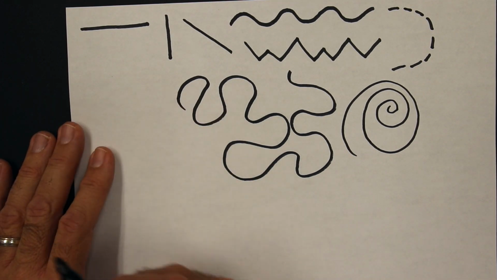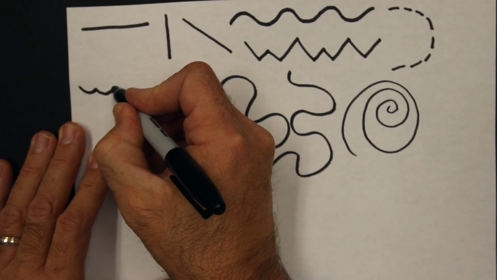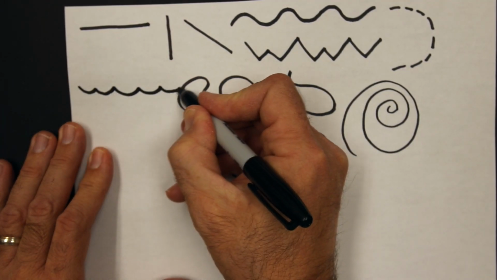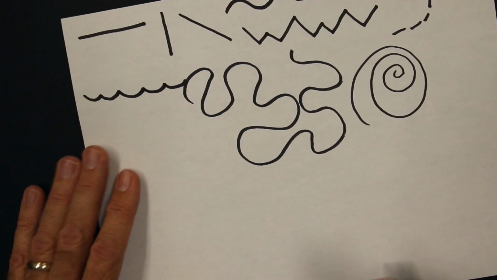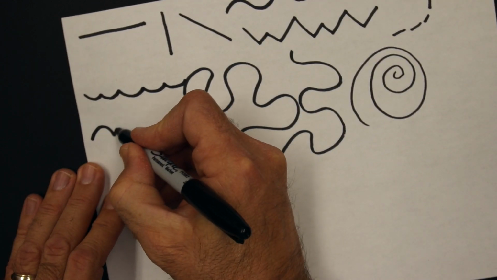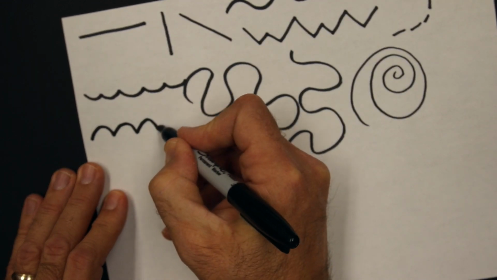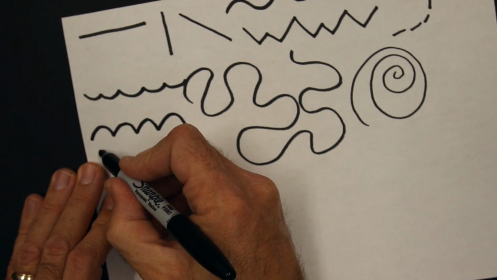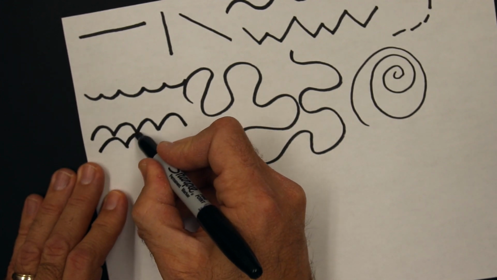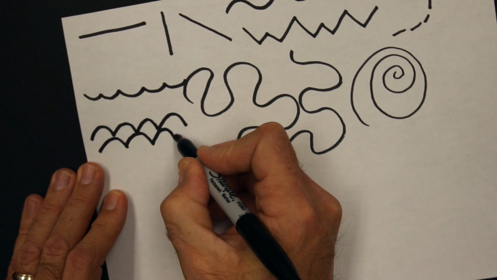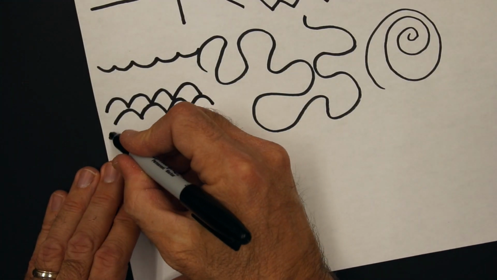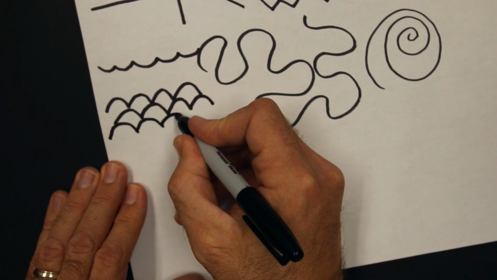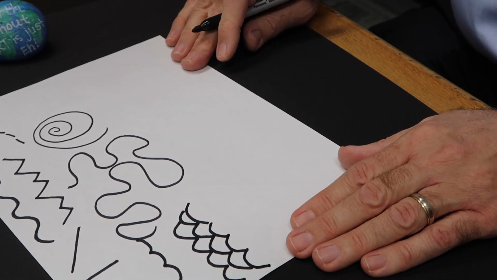If we were to do something like this, that might resemble water. It's kind of a scalloped line there. Or if you turn it upside down, you might be able to do something like fish scales, right? We did another row. Can you picture the scales on a fish? Maybe if you hold it that way, let's do one more row. You could do something like that.